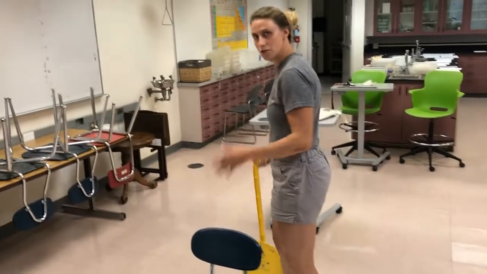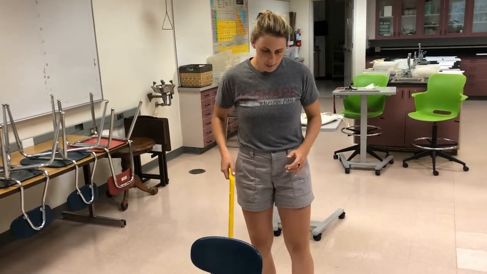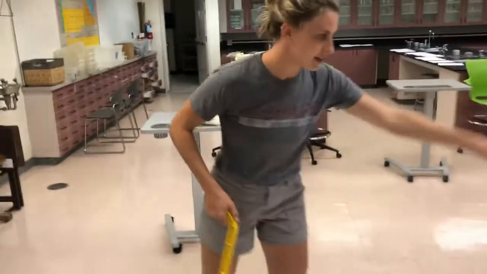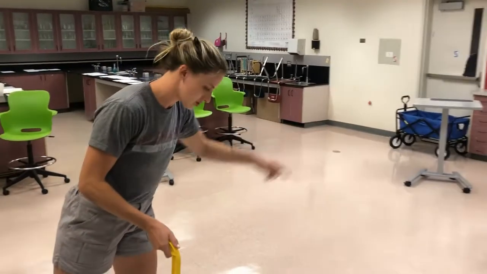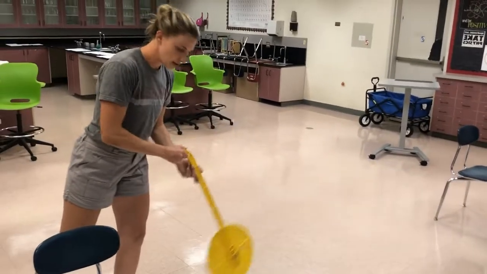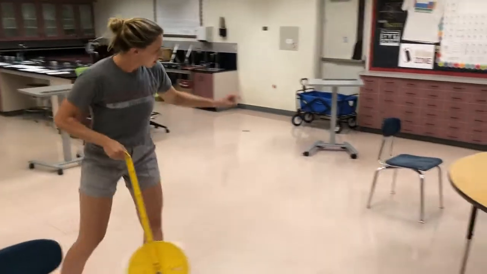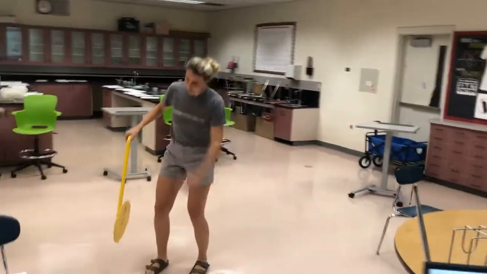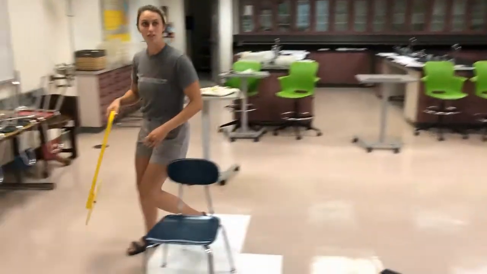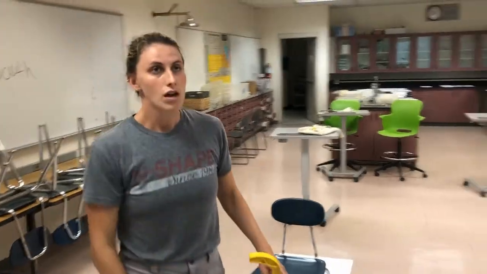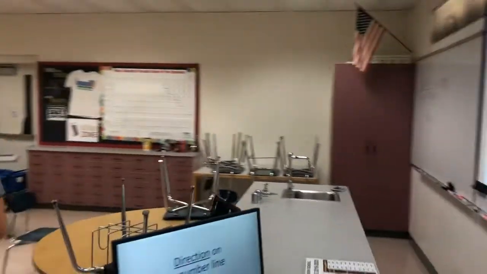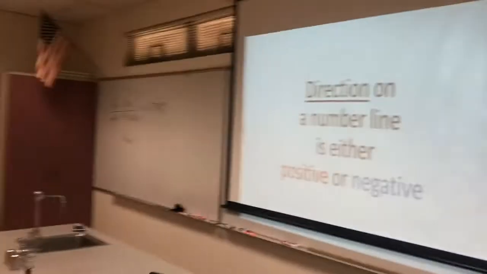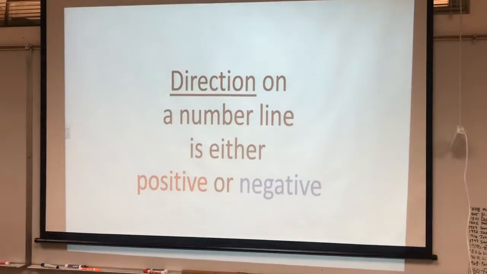Right there, 4 meters. What's the difference? Well, we're talking about a number line here, and as we go from here to there, this direction is positive. And as I walk from there to there, this direction is negative. So direction on a number line is either positive or negative.